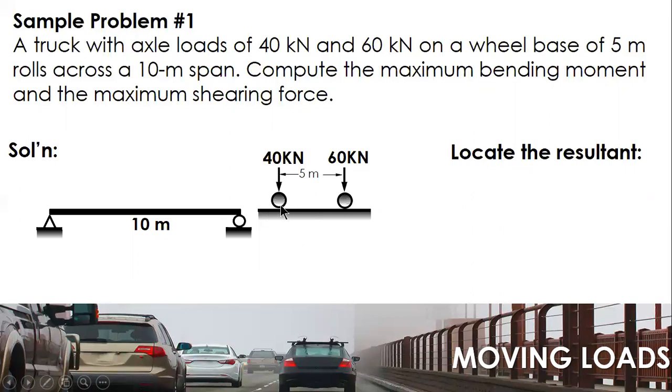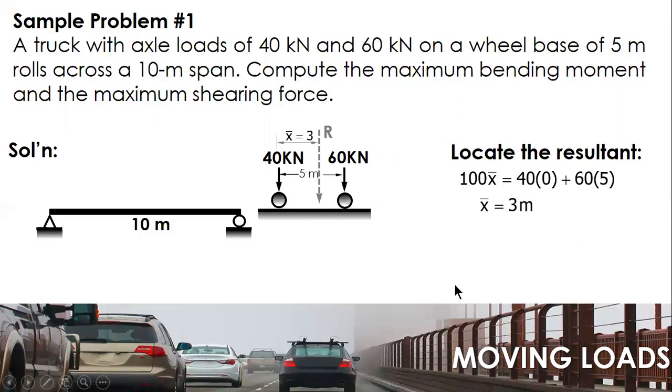It depends on your reference, either 40 or 60. Let us use 40 as our reference. The resultant is 100, from 40 and 60. So 100 times x bar equals F1, 40, distance is 0, since it's the reference, plus 60, and its distance is 5. X bar is 3.